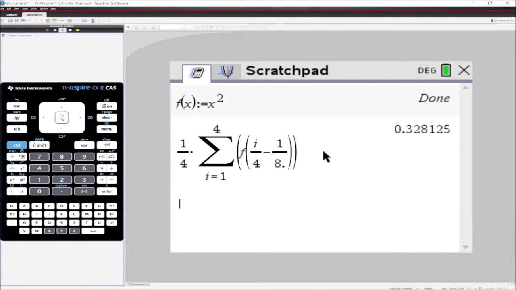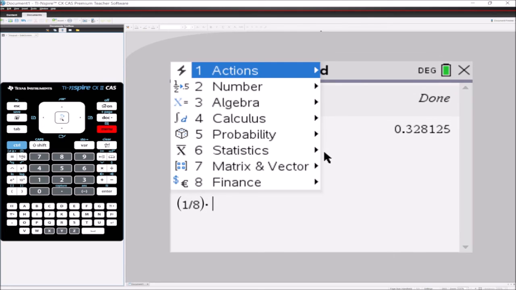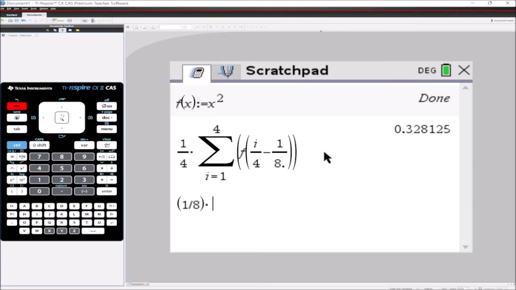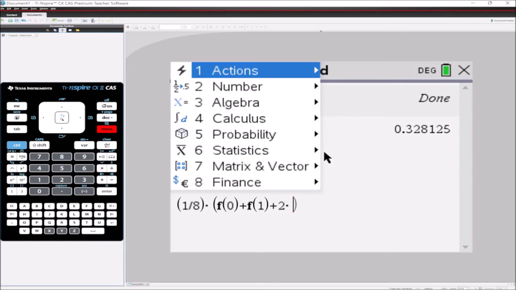So back over at our calculator, there's no need for us to re-enter f of x, it's already defined. So now what we have is 1/8 times, oops, I'm sorry, I don't need that yet. We said f of 0 plus f of 1 plus 2 times, now we need the sum.